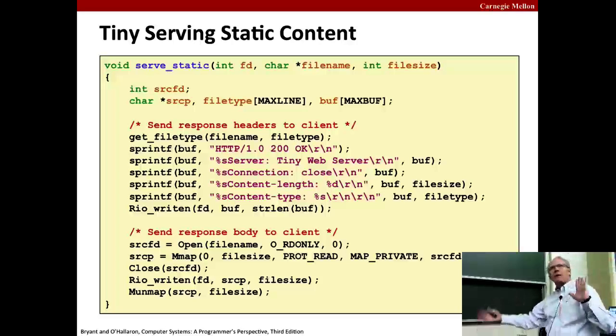But the only way that the client knows exactly how many bytes that response is going to be is by picking out this number in the header and reading that many bytes from it. We'll see that in a minute. But anyways, this is the way a file gets sent.